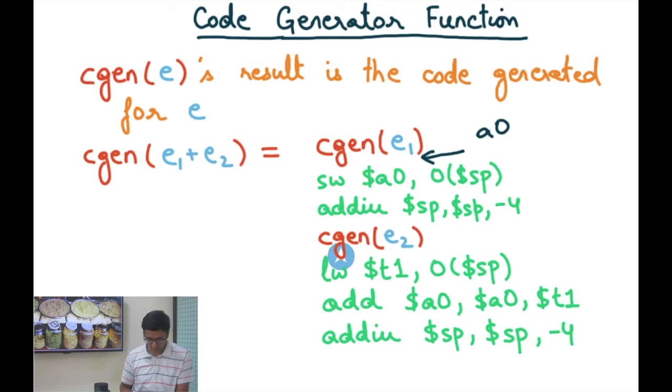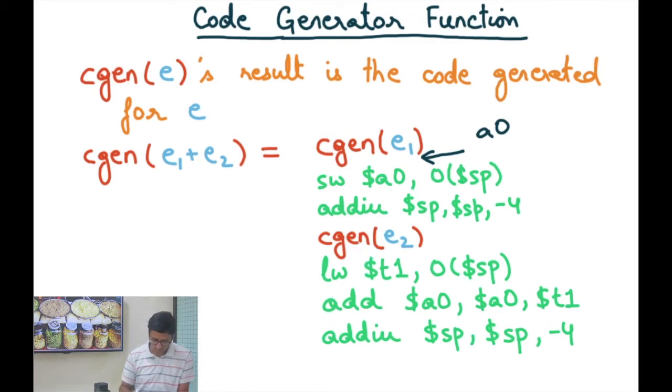Once I have saved it, I can now generate code for E2. Because of our invariant, we can be sure that cgen E2 is not going to clobber the existing contents of the stack, and it's also not going to change the stack pointer. It can potentially push within the cgen body, but by the time it returns, it would have popped the stack, so the stack remains exactly as it was before.